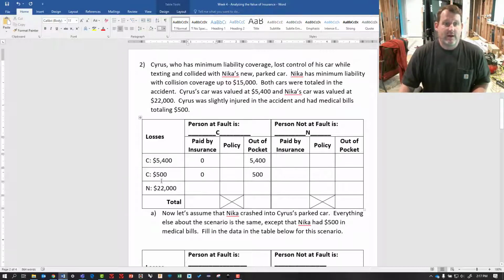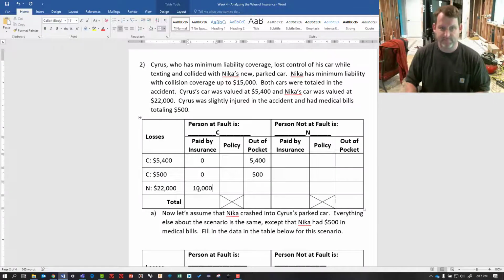Now, paid by insurance. So Cyrus's insurance for minimum liability is only $10,000 for covering property that someone else, the other person's, damaged. That leaves $12,000 that he's going to owe Nika in the end. Chances are, though, if he's got minimum insurance, he's not going to be able to afford to give Nika a check for $12,000. This is why Nika helped herself out.